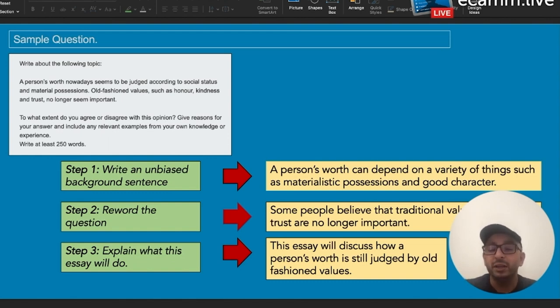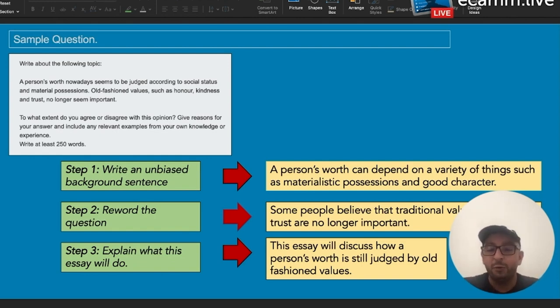Therefore, I have already shown in my introduction paragraph which side of the argument I agree with. Now, you don't have to do this in the introduction paragraph. However, with this type of question, I will probably advise it.